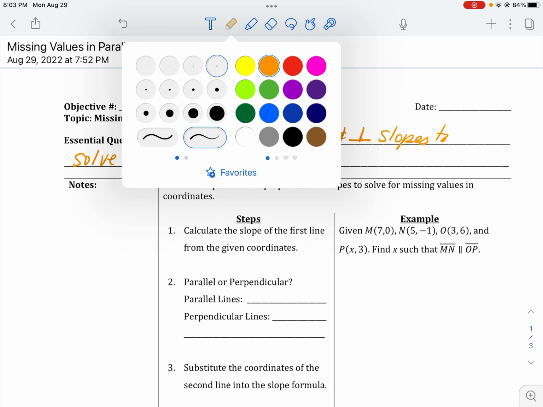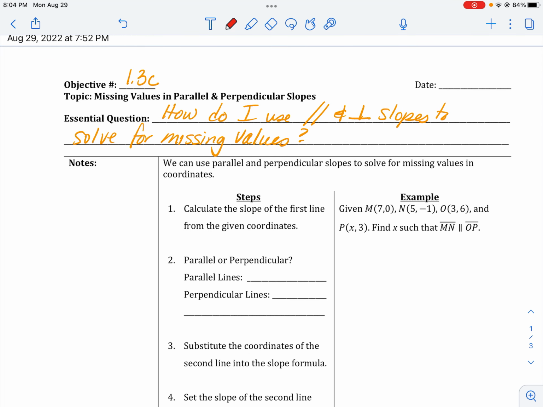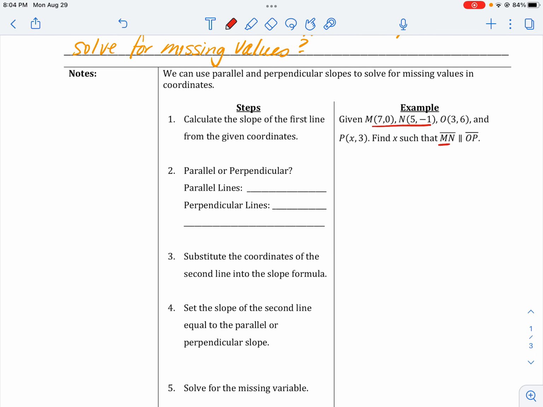So the first step to do this is to calculate the slope of the first line from the given coordinates. See, this one has both. Here's m and n. This one has both. So the second step is to decide what we're looking for. We're looking for parallel or perpendicular. So if it's parallel, it's the same slope.